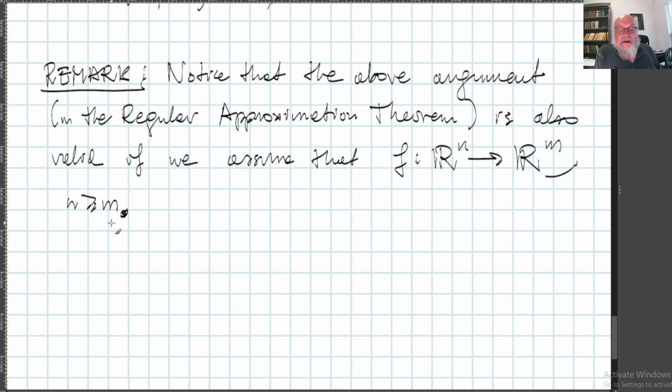So we have here that the regular approximation theorem can be proved in a more general case.